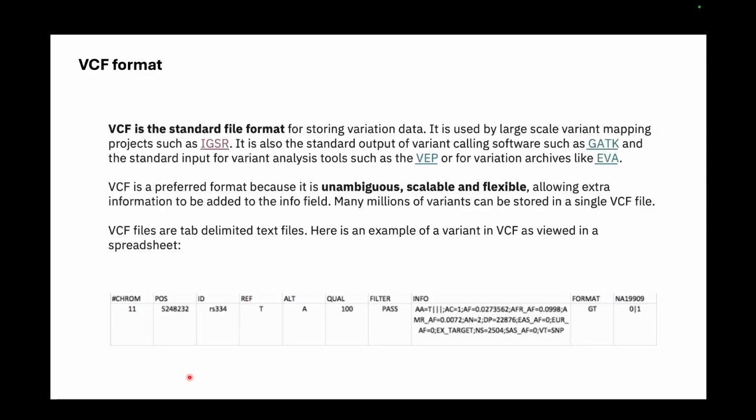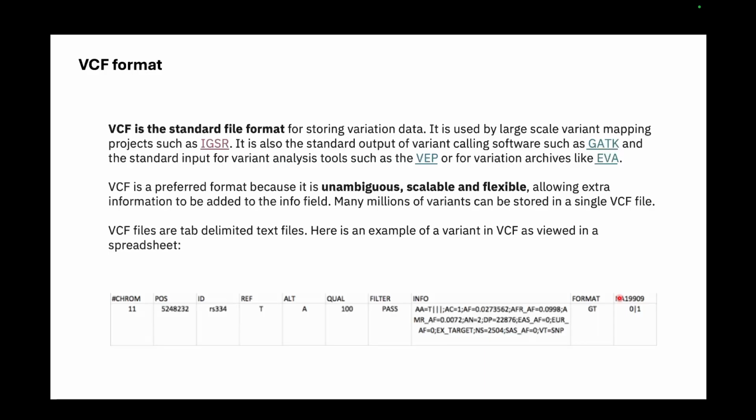So from here to here it will be the same, and after that there will be different columns for different samples, and inside each column you'll have the genotype for that particular sample. If it is not present, it will be just a 0 0.